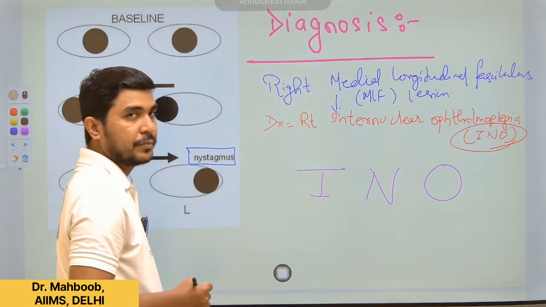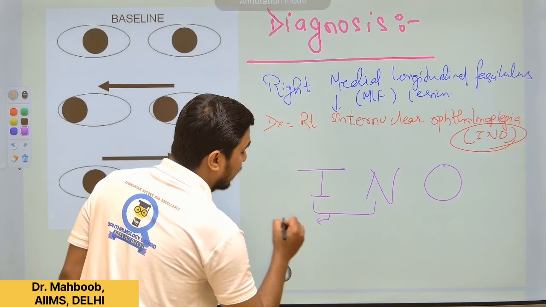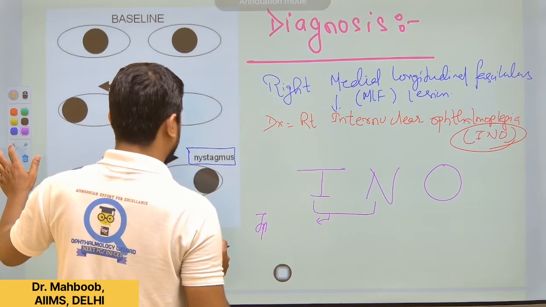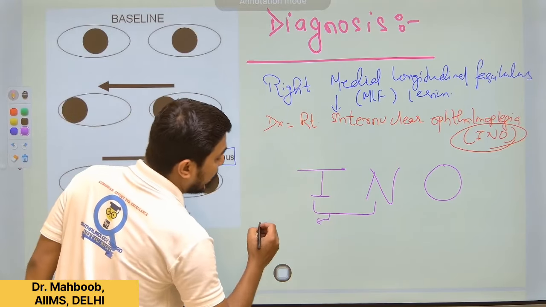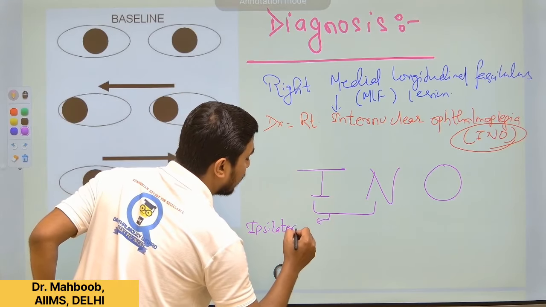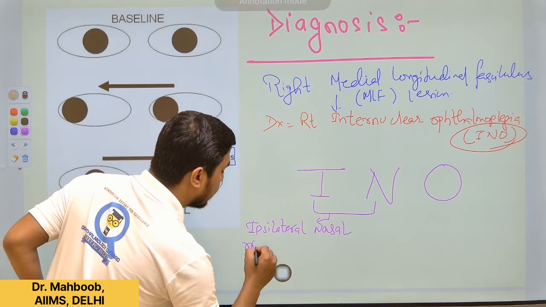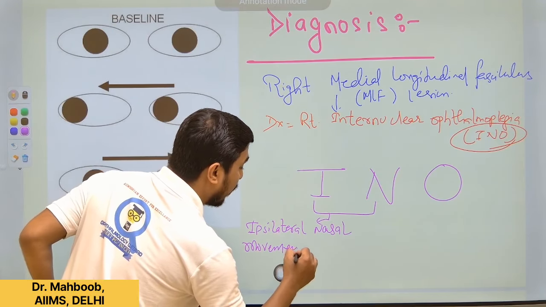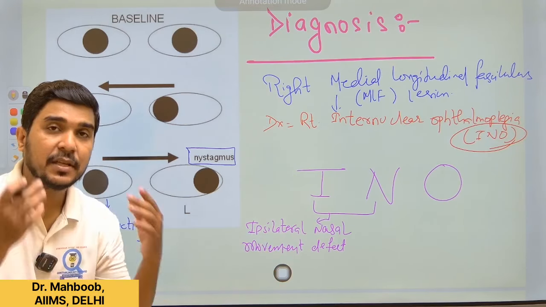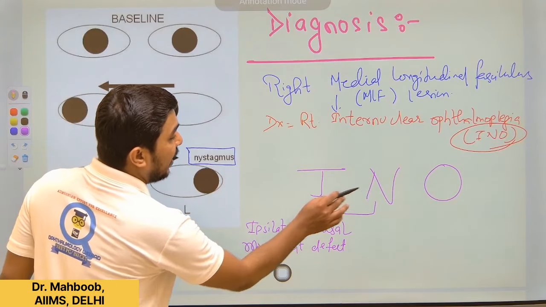For INO, I can write: ipsilateral nasal movement defect, which obviously means adduction defect.